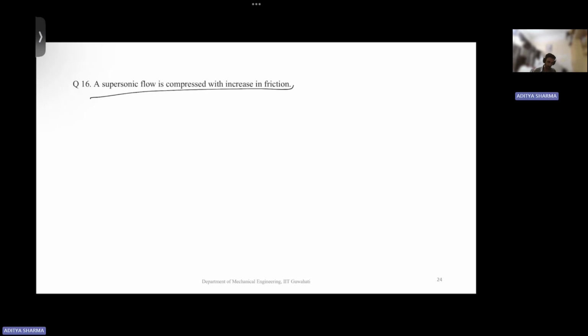A supersonic flow is compressed with increase in friction. Compressed means your static pressure is increasing. So with friction, static pressure increases. So if you see, your Mach is decreasing, okay, and your static pressure is increasing.